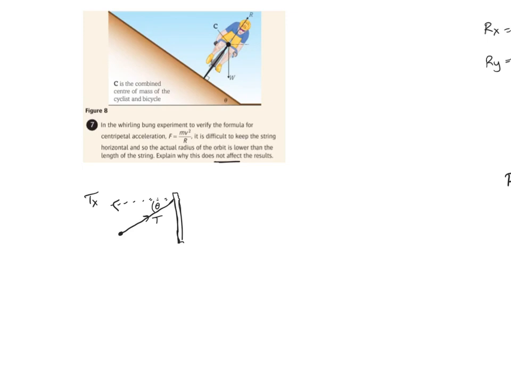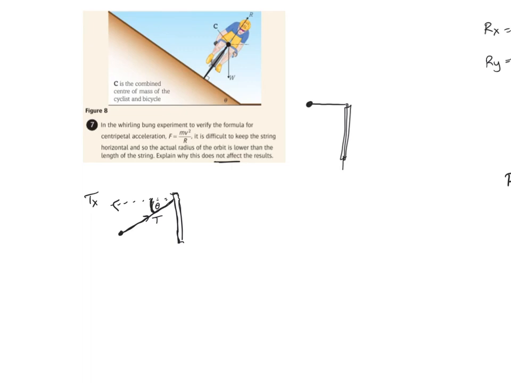Now we look at the whirling bung experiment. What it's saying is that if the string is not perfectly horizontal, so you're supposed to be swirling it around and the string is supposed to be perfectly horizontal, but it's not, it's always at an angle, because it's very, very hard to keep it horizontal actually.